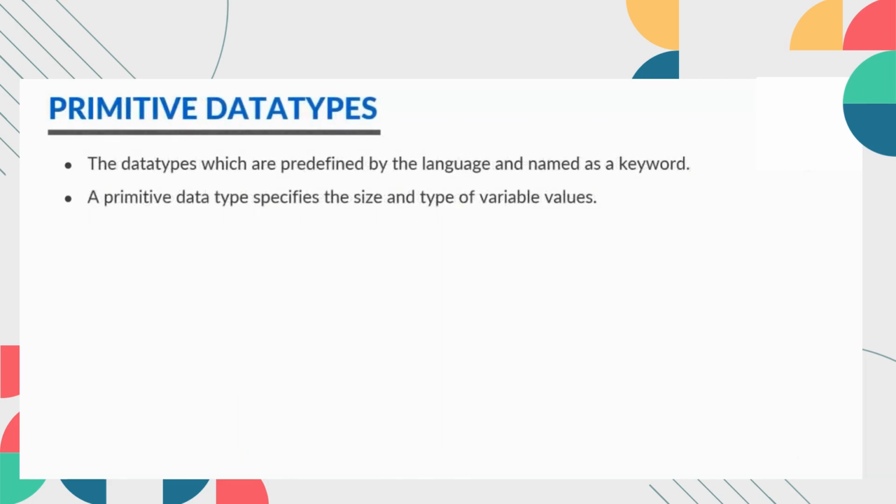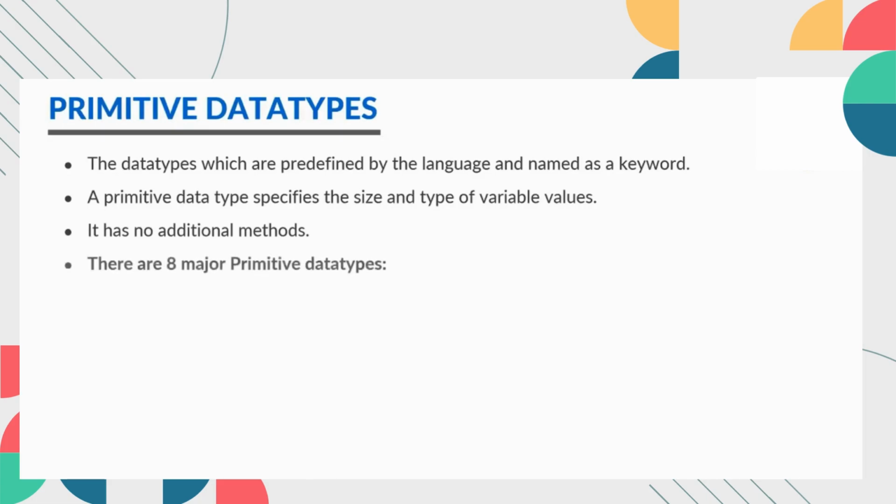The size of the primitive data types does not change with the operating system because Java is platform independent. I've already discussed the primitive data types: byte, short, int, long, float, double, char, and boolean. These are the sizes allocated to the primitive types.